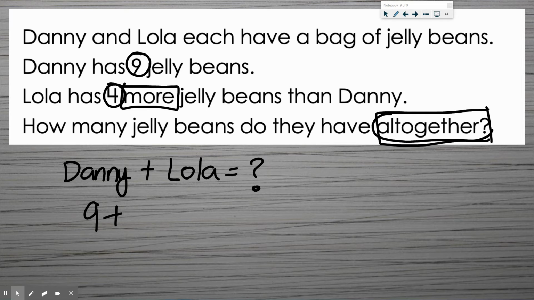So I have to figure out how many Lola has. The way that I figure that out is 9 plus 4. Remember, she has 4 more than Danny, and Danny had 9. So I solve 9 plus 4 first, that is 13, and then I can solve 9 plus 13, and that equals 22. They have 22 jelly beans together.